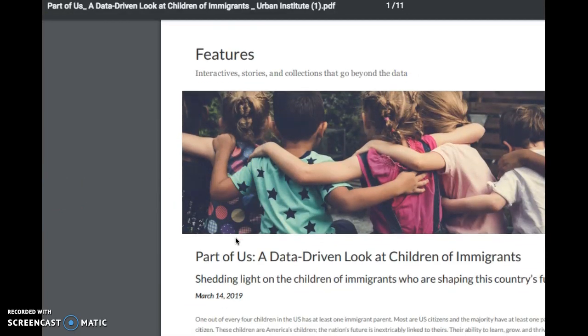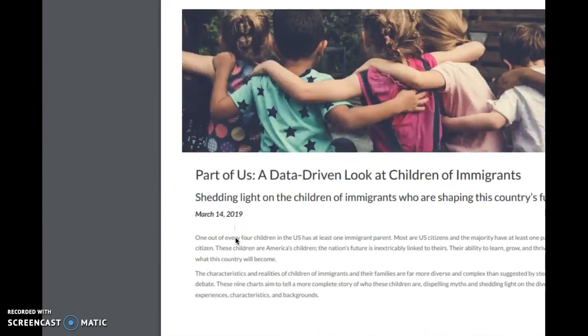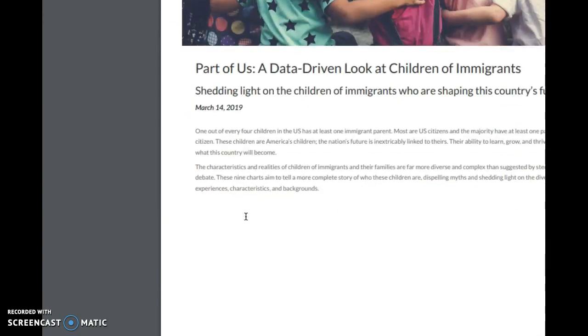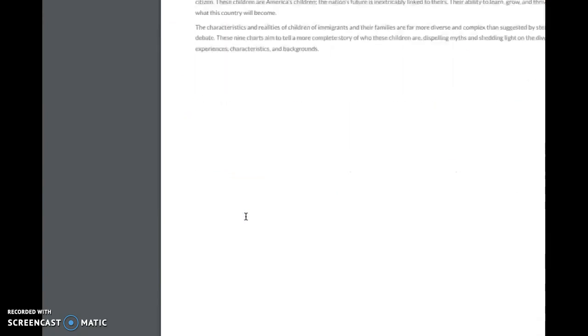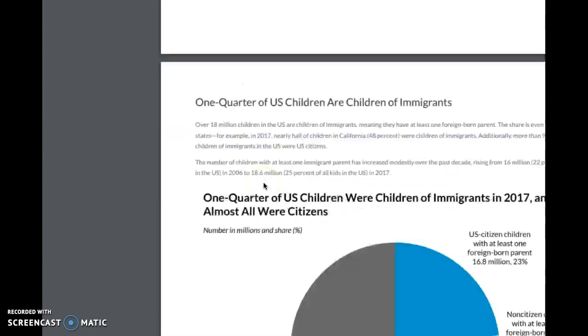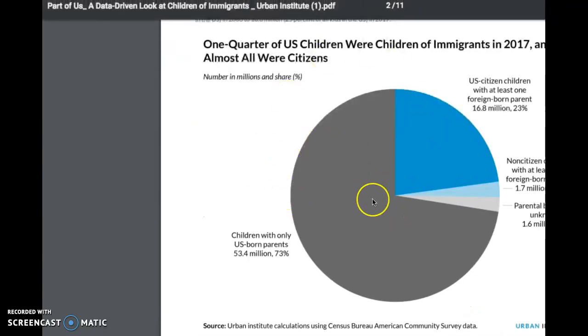So my screen is cutting off a little bit here, but you can see this is a March 14th, 2019 report put out by an organization called the Urban Institute, and they talk about these graphs and figures throughout.